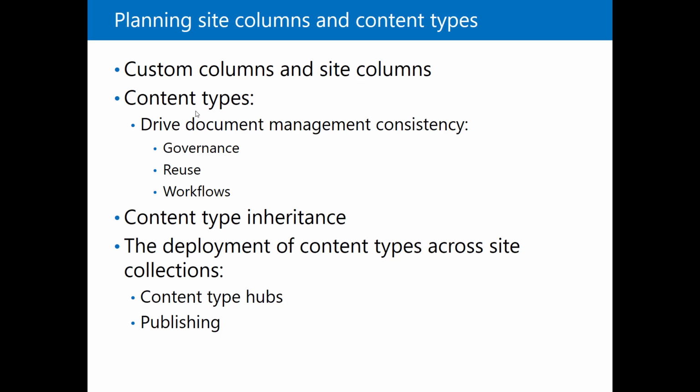Content type is basically about reusable content. What does that mean? For example, you have a company and that company has different projects. For example, it has three types of project: large, medium, and small.